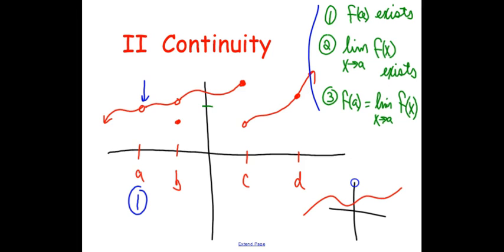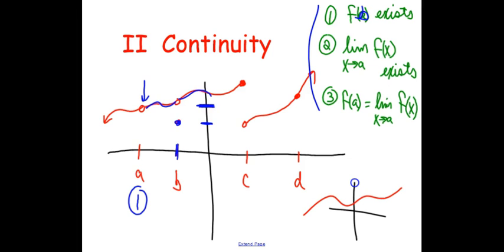Look at b. Does f of b exist? Yeah, there's an answer. It's right here. I don't know what that answer is, but it's an answer. It's like the millionth customer is cheaper, you know? Does the limit exist? As I get closer and closer to b, am I getting closer and closer to the same value from the left and the right? And you are.